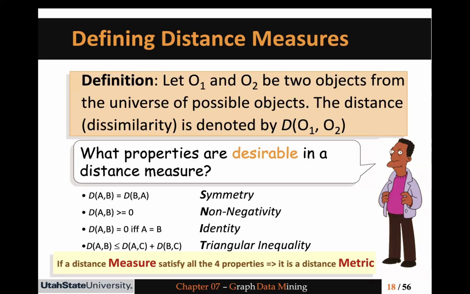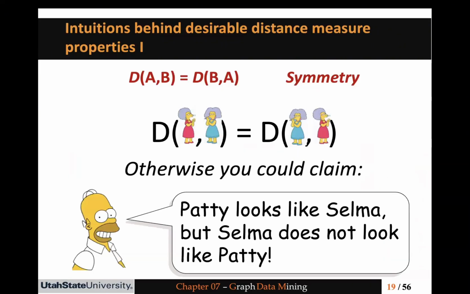So because I am aggregating distances, I don't want the distance to be negative at any point. The third one is the identity, and finally the triangular inequality. I'm going to zoom in on each one of these properties in the next slides.